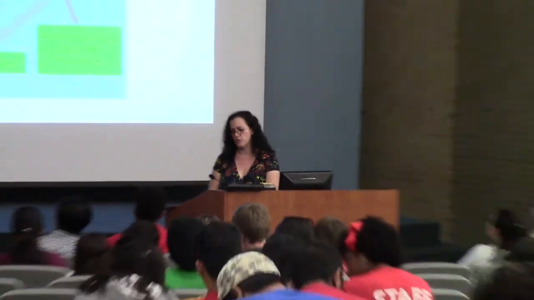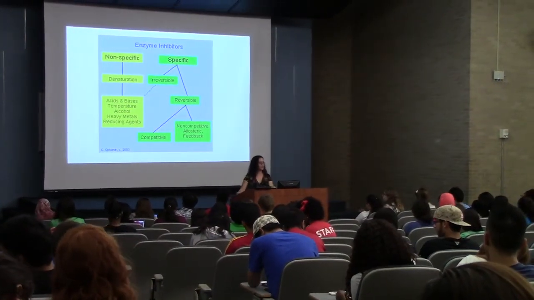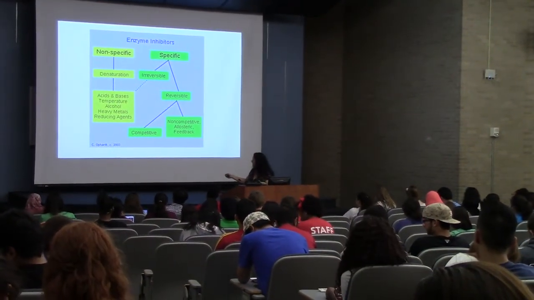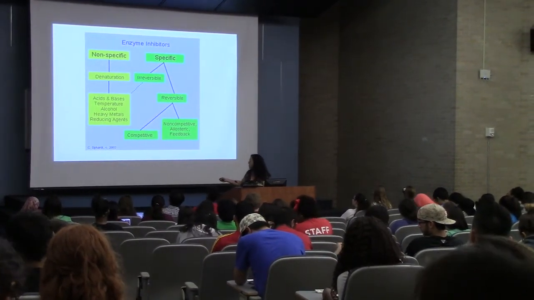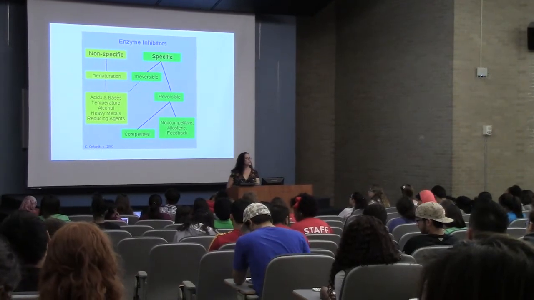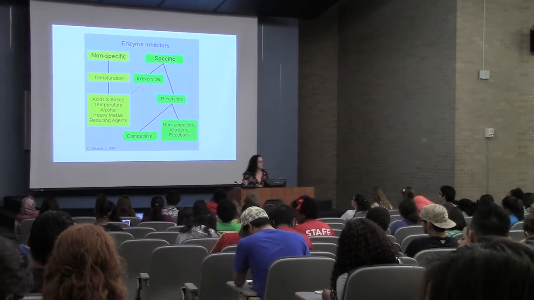So there are non-specific inhibitors, which cause the denaturation of the enzyme. Right? And we talked about acids, bases, temperature, other substances like alcohol, heavy metals, or reducing agents. Those cause the unfolding of the protein, and then the enzyme is not active.